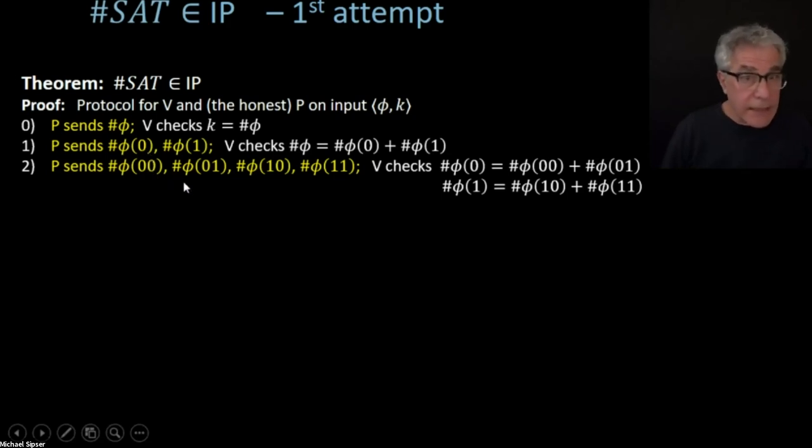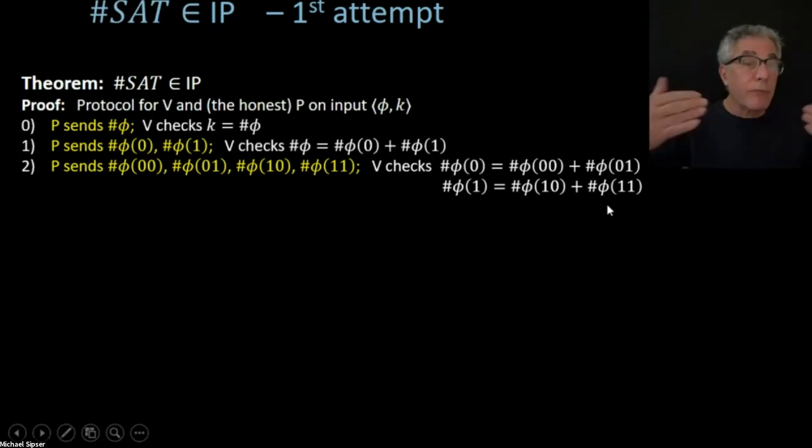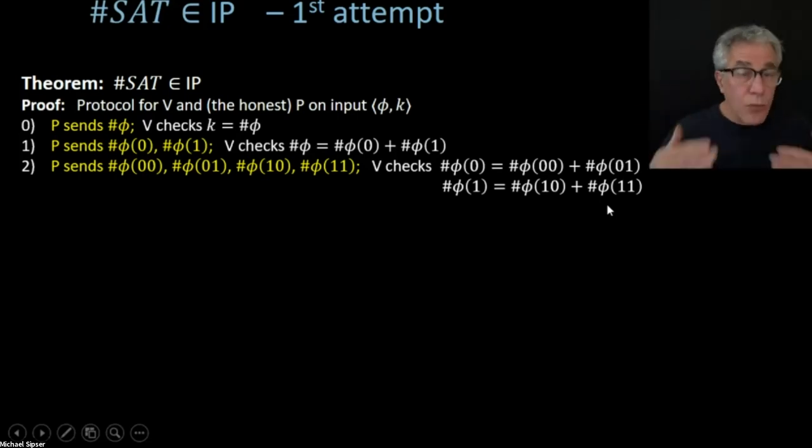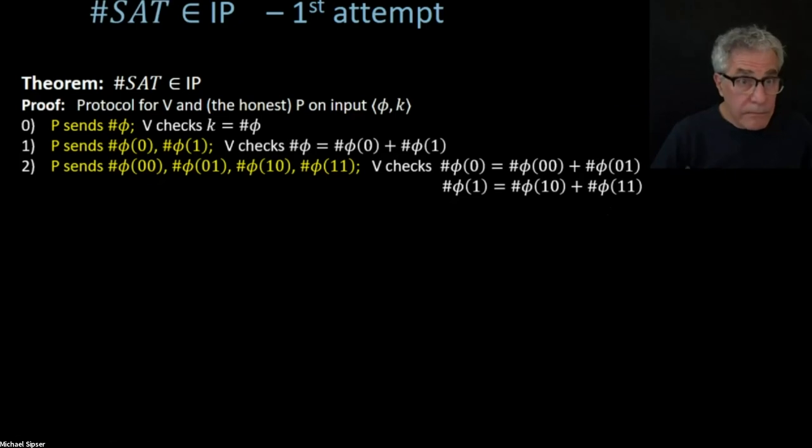So maybe to get 60, I had 50 and 10. And to get 40 for phi 1, I had 20 and 20. So these have to add up. So each level justifies the preceding level. We're going to have that happen again.